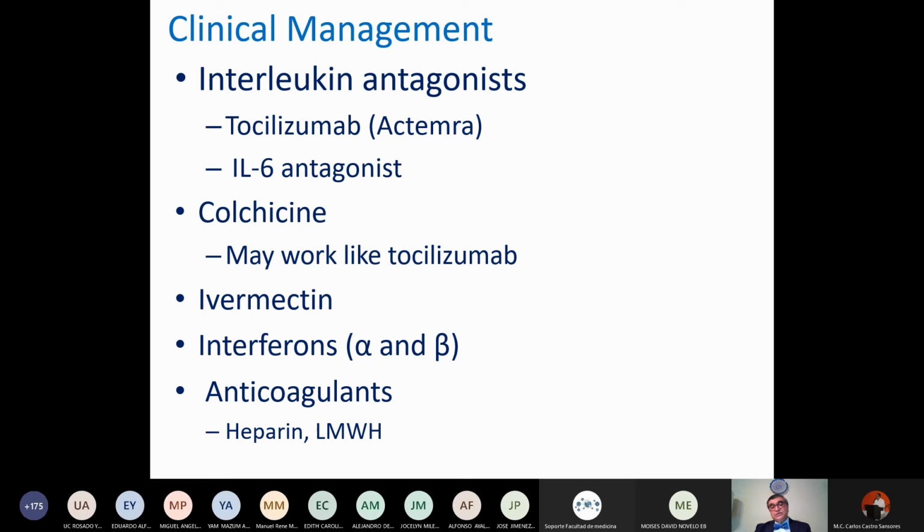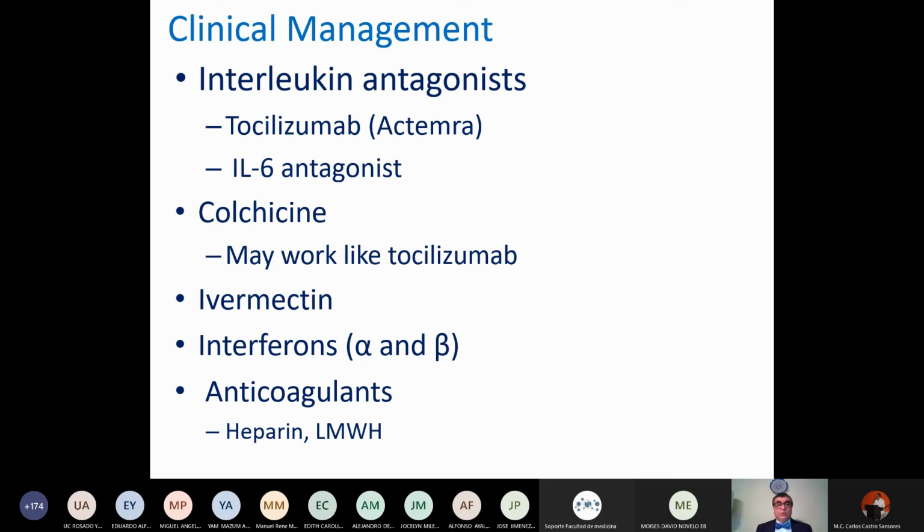Role of interferons: yes, the production of interferons is severely suppressed in COVID patients, but there are some reservations on interferons, especially from an adverse effect point of view. The Chinese were using it at the beginning, but now they have some second thoughts on the use of interferons.